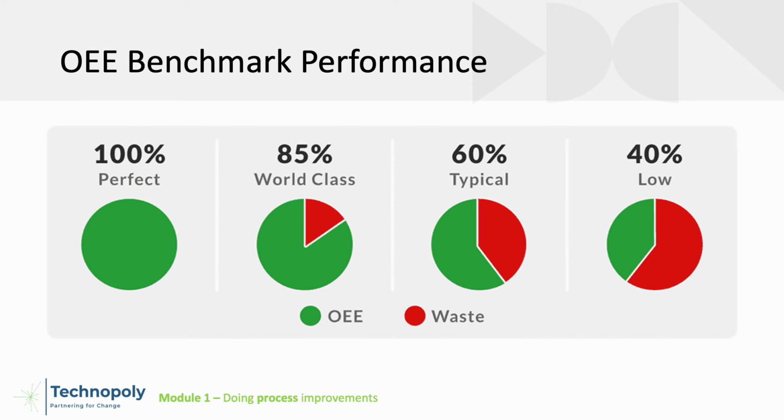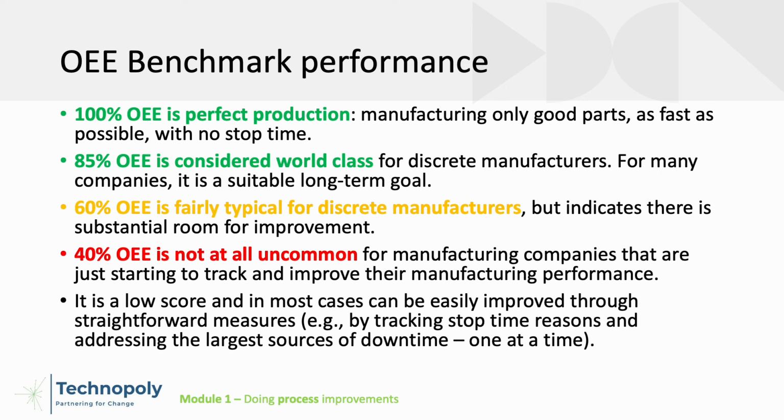From the view of an improvement mindset, we need to identify what is making up those low percentages and how we can convert them into better performance. So by comparing your OEE with this standard of performance, we can use this to help us focus on our improvement efforts.